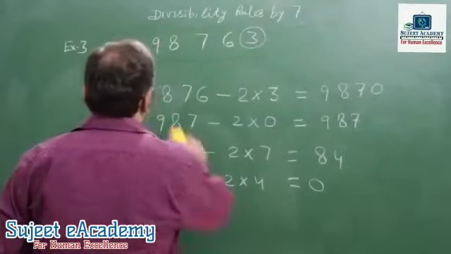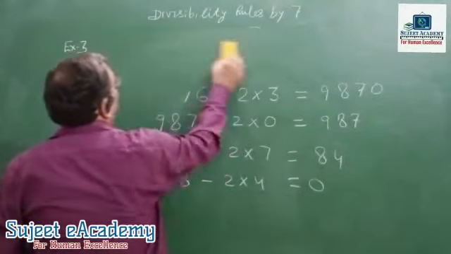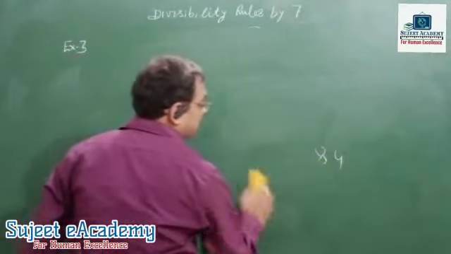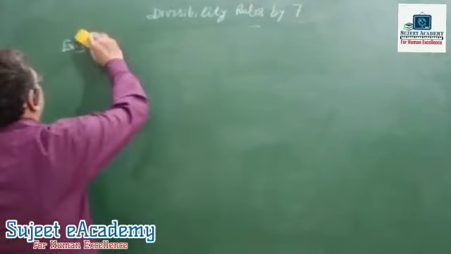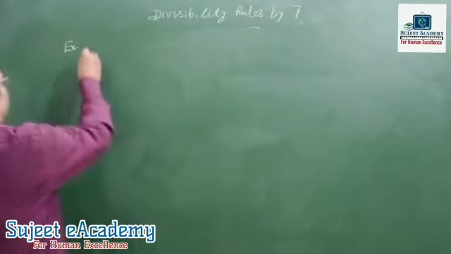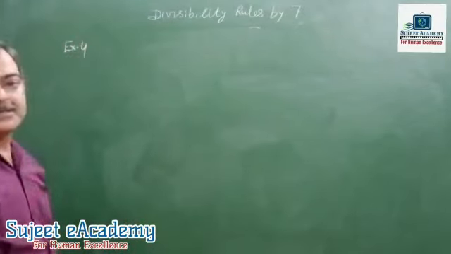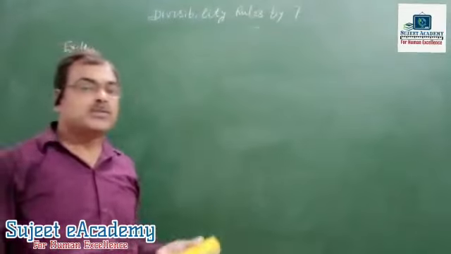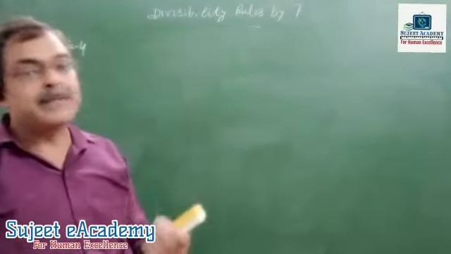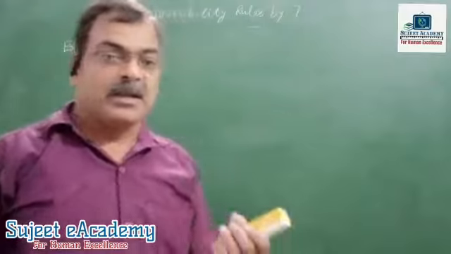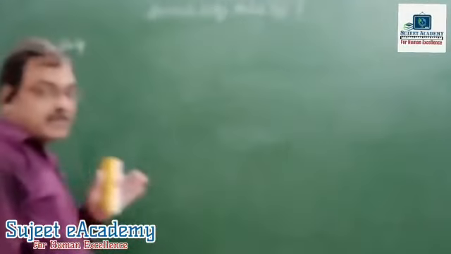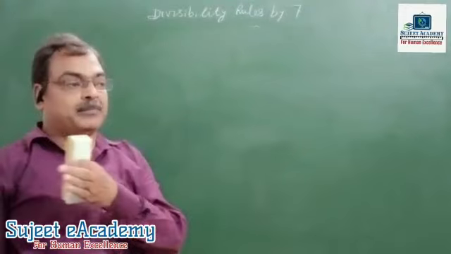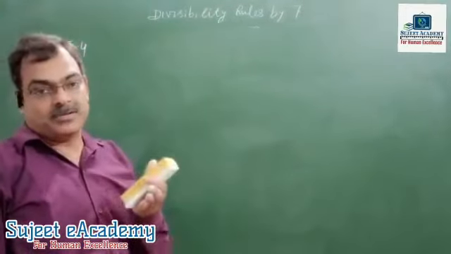One more example with another method. There are 5 methods and 5 examples here. Now the next example is, you choose some multipliers for the digits. You should always remember these multipliers for testing whether a number is divisible by 7 or not.